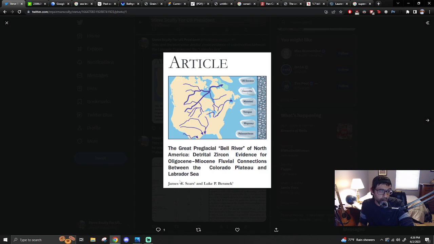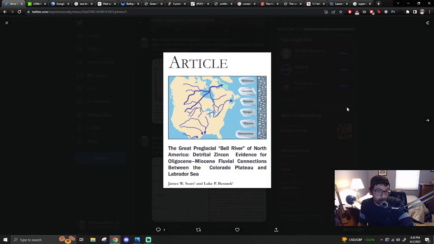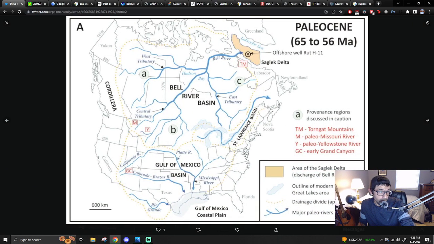This is Sears and Baranek, not C's, showed detrital zircon evidence of a connection between the Colorado Plateau and the Labrador Sea. So according to them, the Colorado Plateau is over here pretty much, or here, I guess.